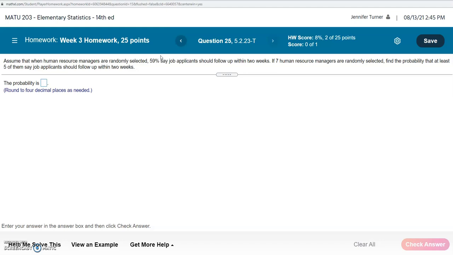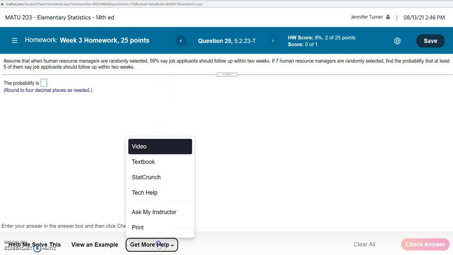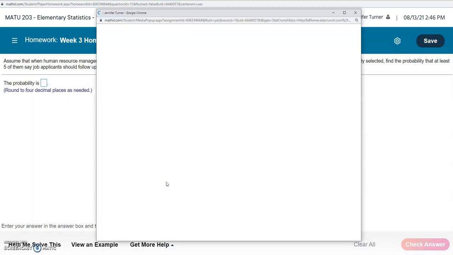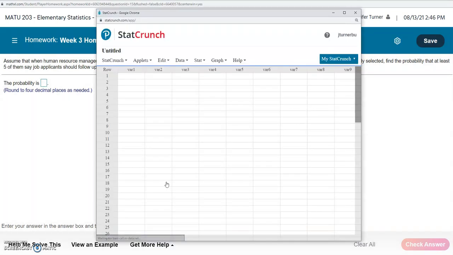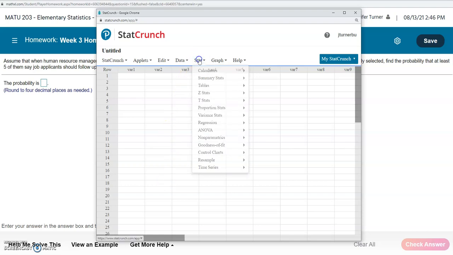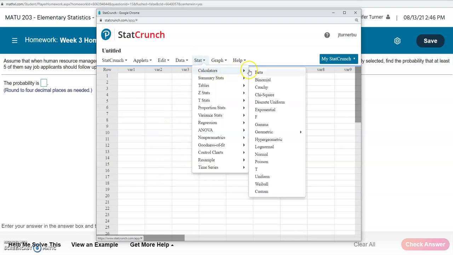So to calculate probabilities, we can use StatCrunch, and it's going to be really easy and avoid any long or tedious calculations. So let's open StatCrunch by going to Get More Help, StatCrunch. The binomial distribution calculator is going to be under Stat, Calculators, Binomial.